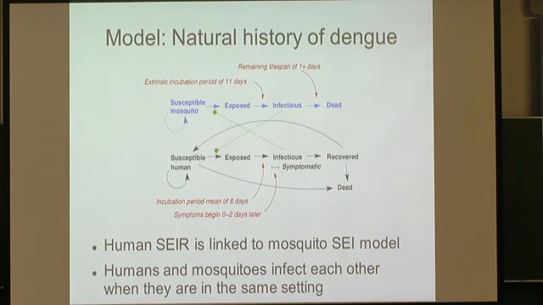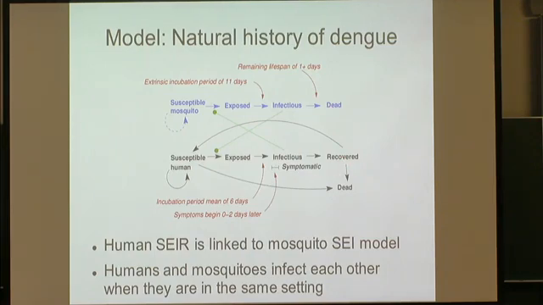The basic idea is in humans, you have susceptible humans. If they get infected, they go through about a 7 or 8 day incubation period, and then a 2 or 3 day infectious incubation period. Then they're infectious for about a week, then they recover or die.